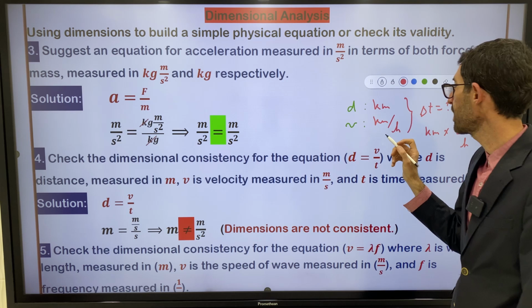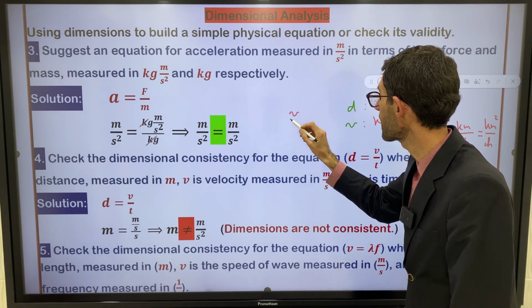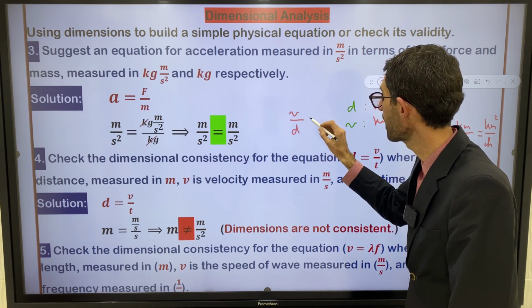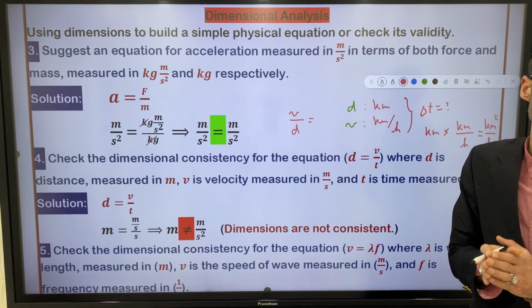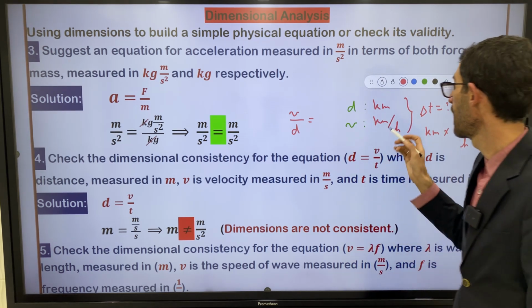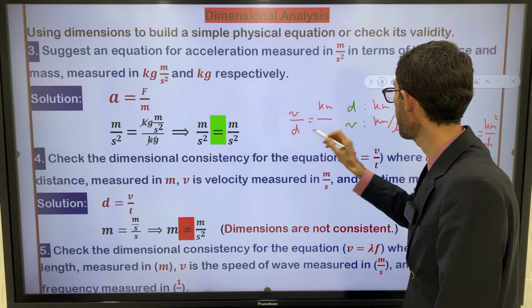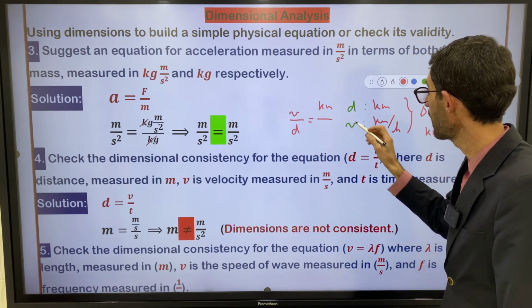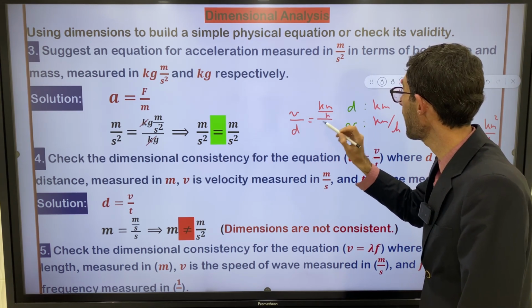I look for another solution, right? For example, I say when I divide velocity by distance, by this approach we can find the rule for time interval. V is measured in kilometers, right? Divided by a distance, velocity is measured in kilometers per hour, divided by what?